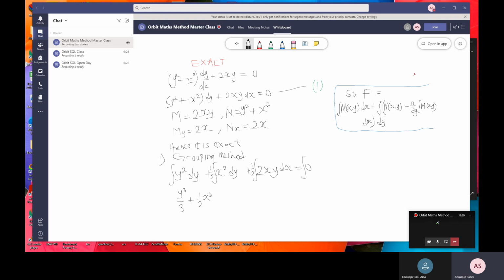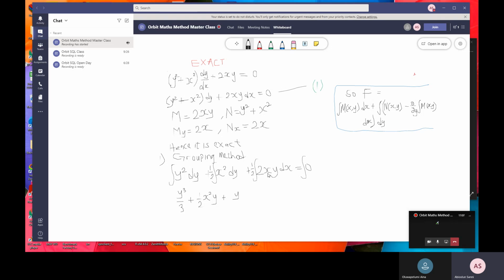The integral of dy is y, so I will have half x squared y. This 2 is going to cancel this 2, so I don't need to write the half. Now y is the constant, so I'll put y here.